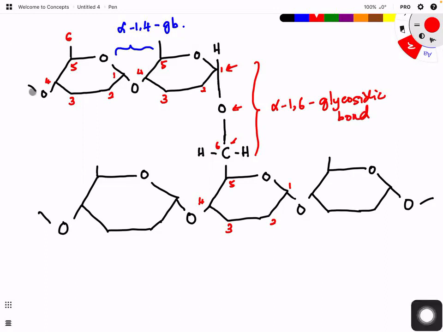You can see this one chain and another chain, so two chains can be joined together through an alpha 1,6 glycosidic bond. Here we can have another chain too. So we can have many chains joined to one chain. But when we want to join the branches together, they must use alpha 1,6 glycosidic bonds.